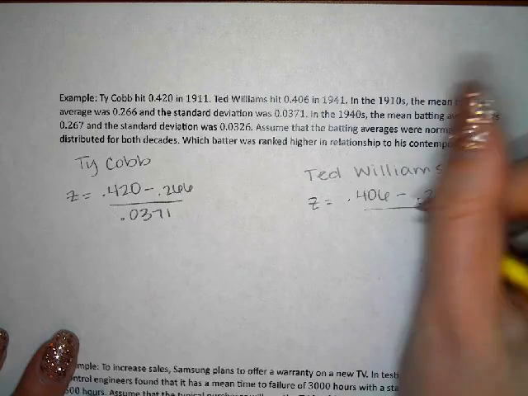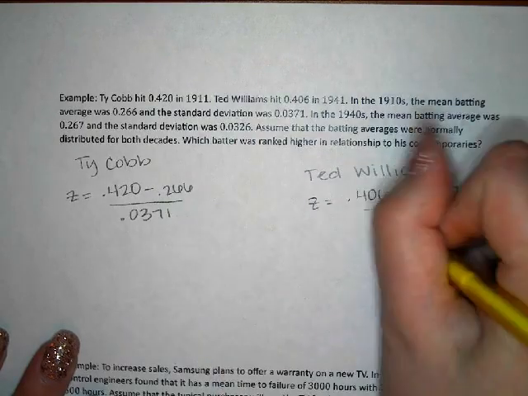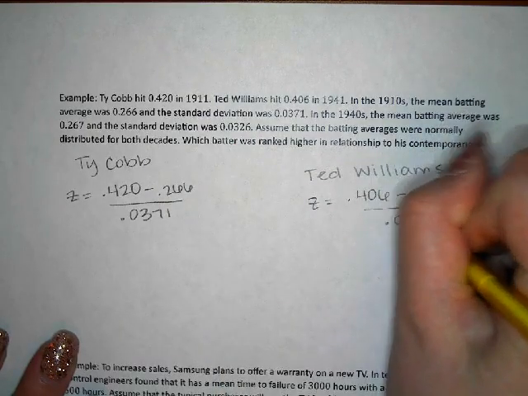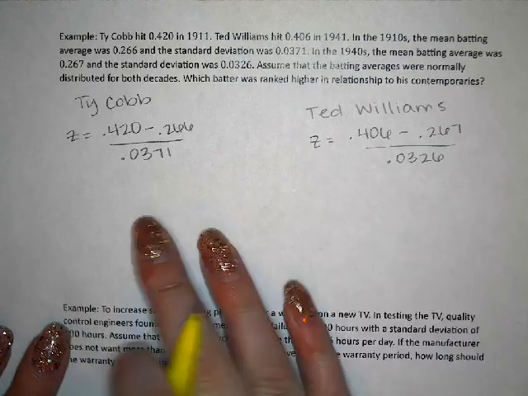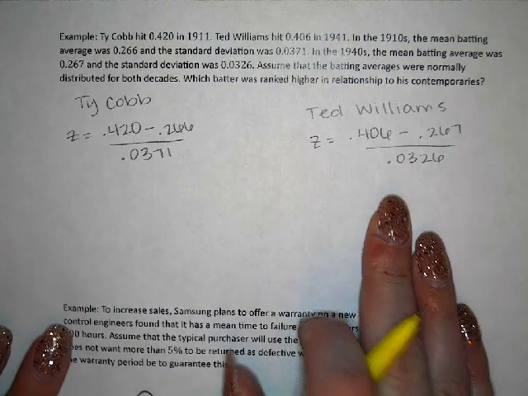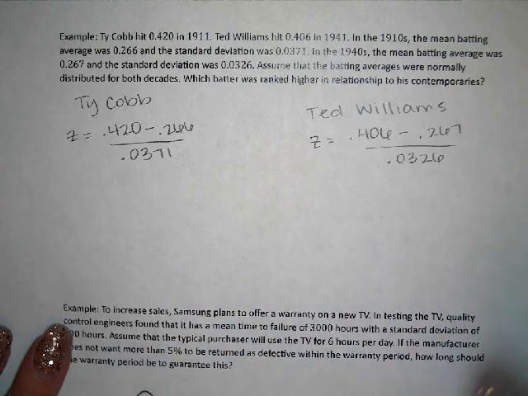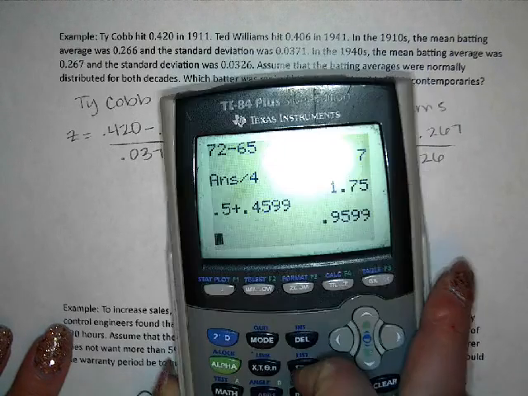And then we're going to compare these, and whoever's z-score is higher was better in comparison to their peers. So 0.420 minus 0.266 divided by 0.0371.